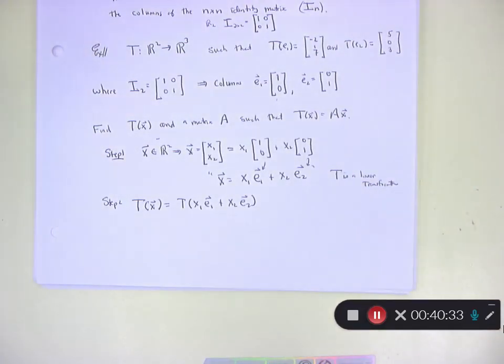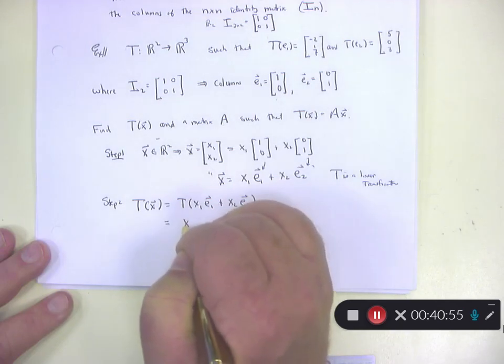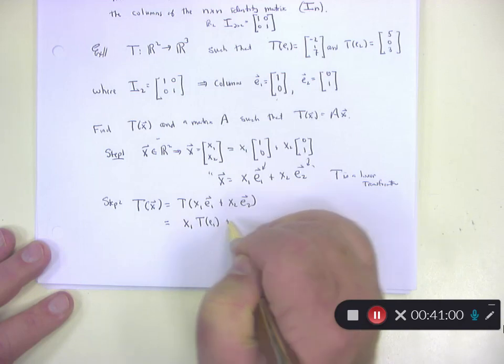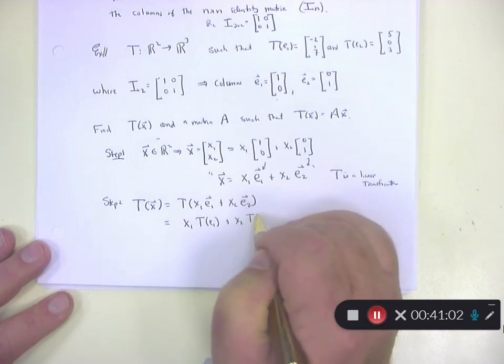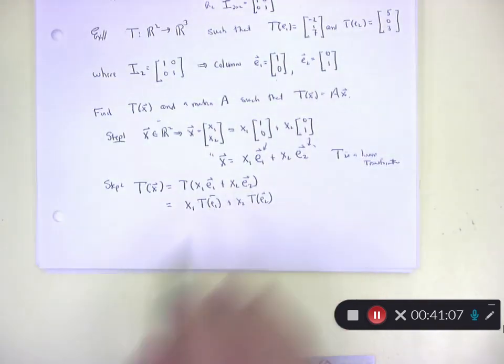We have a definition. When I do T of a constant times a vector plus a different constant times another vector, that's equal to the constant times T of the first vector plus the second constant times T of the second vector. So according to being a linear transformation, this would be equal to x1, because x1 is a constant, T of e1 plus x2 T of e2. That is using the definition of a linear transformation.